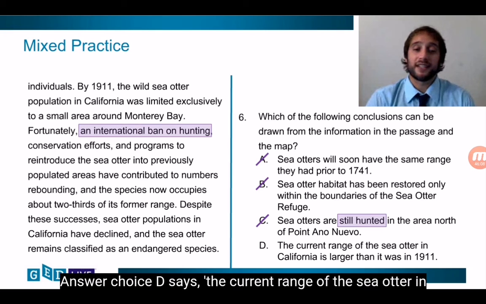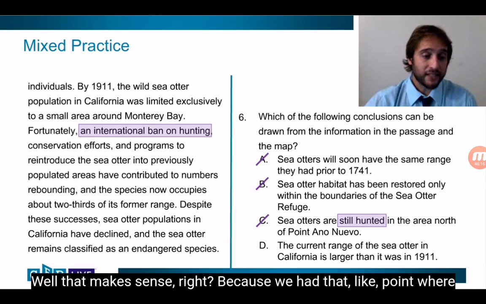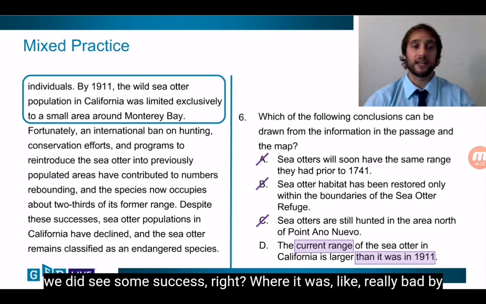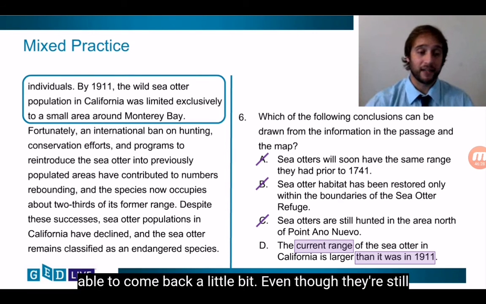Well, answer choice D says the current range of the sea otter in California is larger than it was in 1911. Well, that makes sense, right? Because we did see some success. It was really bad by 1911, and then we had a little bit of a resurgence. They were able to come back a little bit.